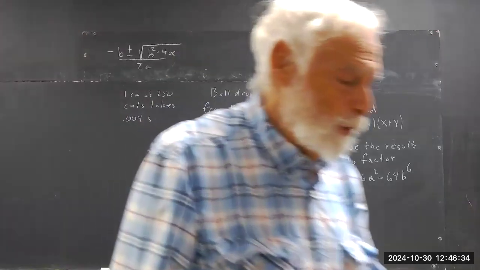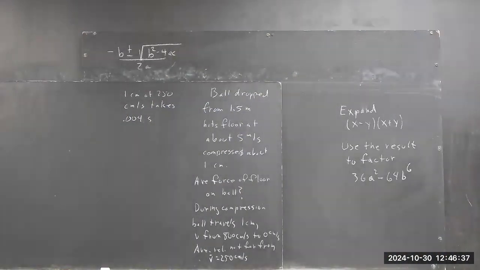Four milliseconds, 0.004 seconds. Now, while I have the balance turned on here, I can measure the mass of the ball. There it is, 25. It's 26, but we'll use 25 because it's easier to calculate with. 25 grams.